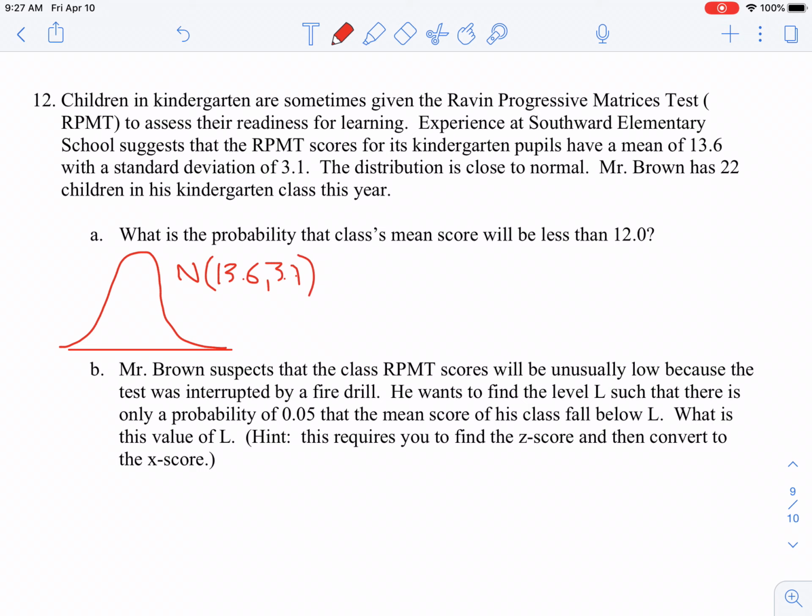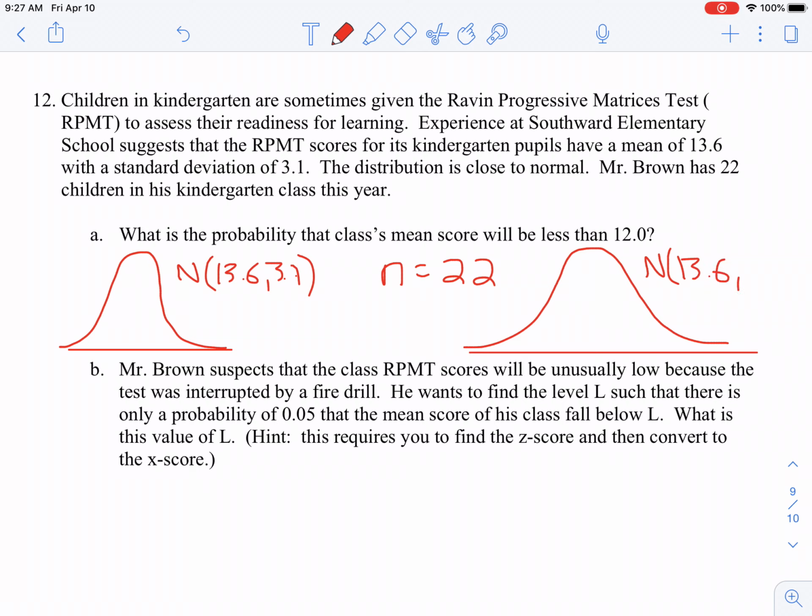But what we want to know is, if he takes a sample of 22 students, then the model we use is normal, and it's centered at 13.6 still, but it has a standard deviation of 3.1 over square root of 22.